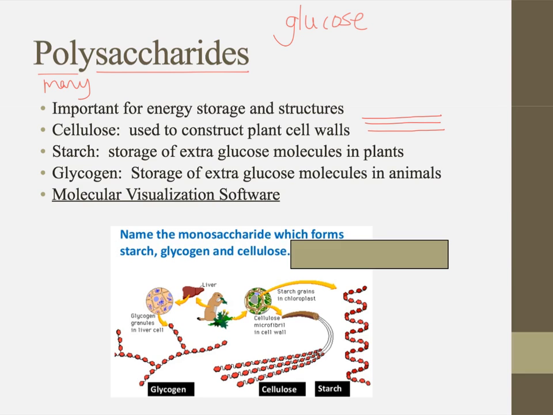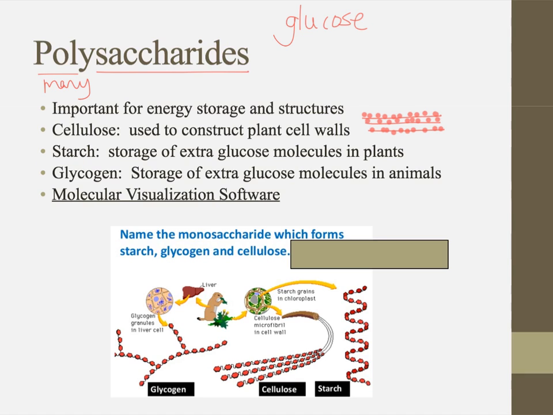Assuming that you know that all these chains are actually made up of glucose monomers hooked together, but they are linear. Okay, cellulose has a linear shape. Just look at the picture down here, okay? A linear or line shape.